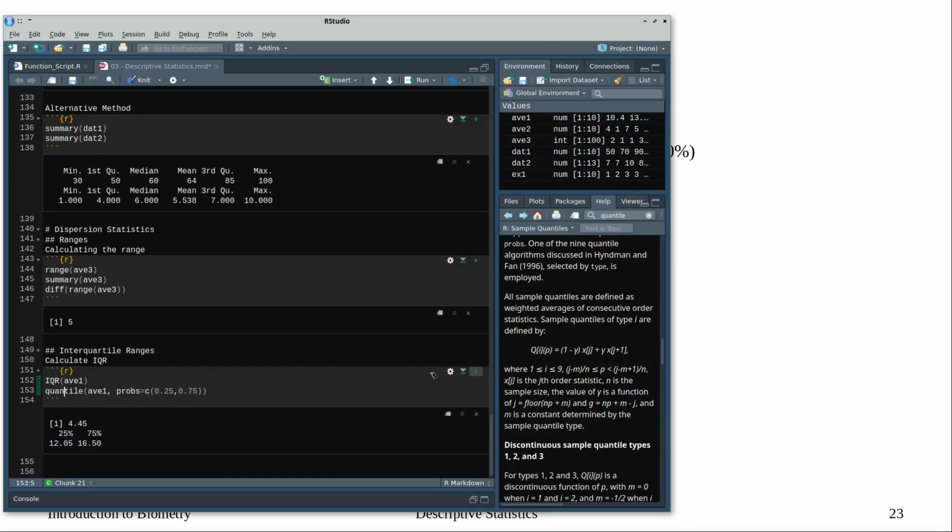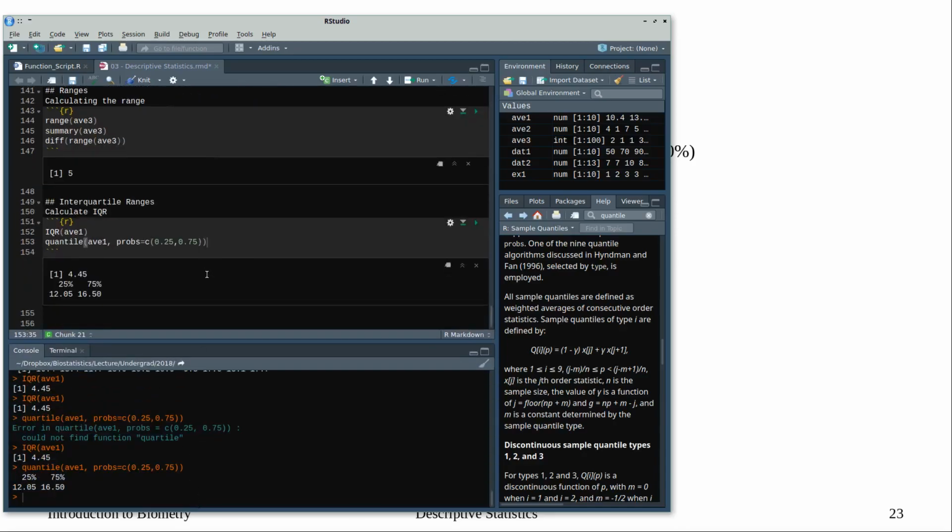We run our entire chunk, and we get 12.05 and 16.5. I can check that my IQR is the same just by taking the difference between these two values. So 16.5 minus 12.05 gives us 4.45, which is the interquartile range.